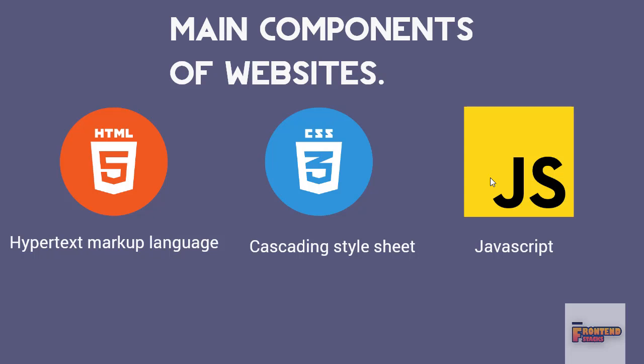HTML stands for Hypertext Markup Language, and is the backbone of the website. CSS is Cascading Style Sheets, and this is what we use to style web pages and websites and make them look nicer. JavaScript is a programming language, but it is interpreted by the browser.